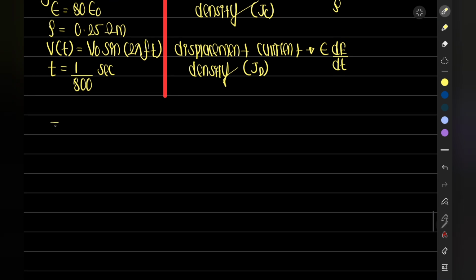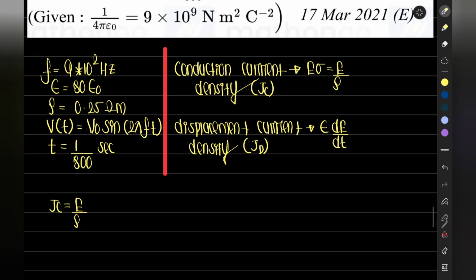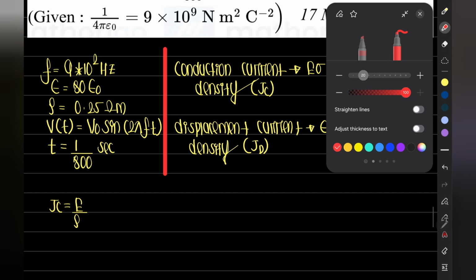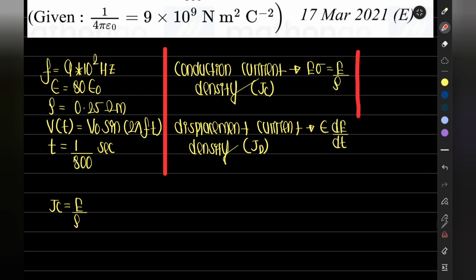The value of JC is E upon rho. One more thing we are going to use here, which we already know, is that voltage is directly proportional to electric field.